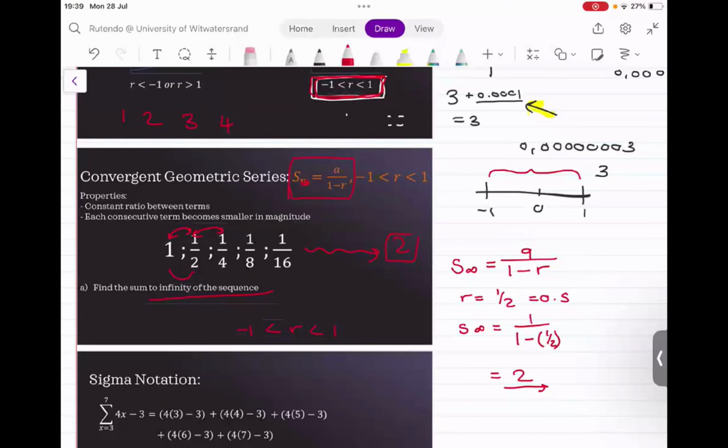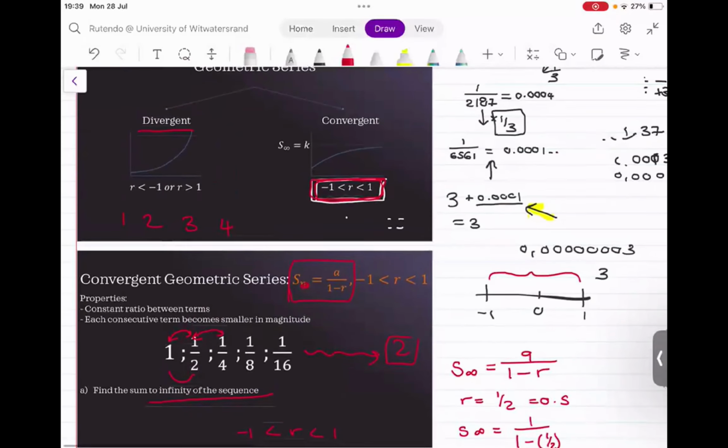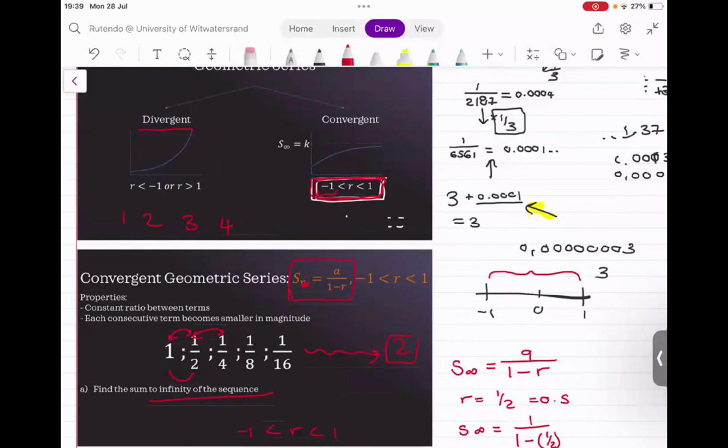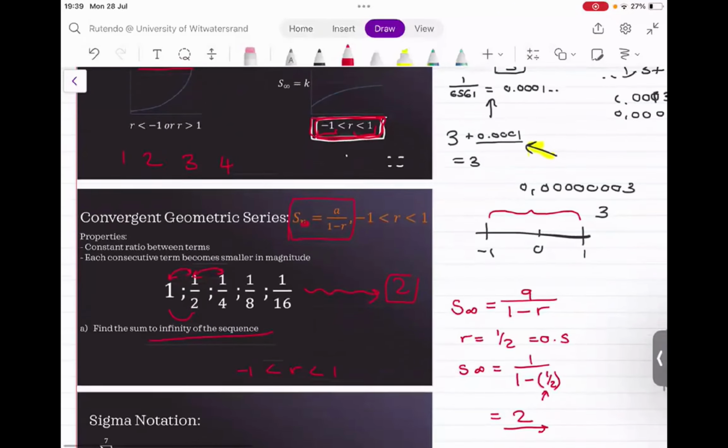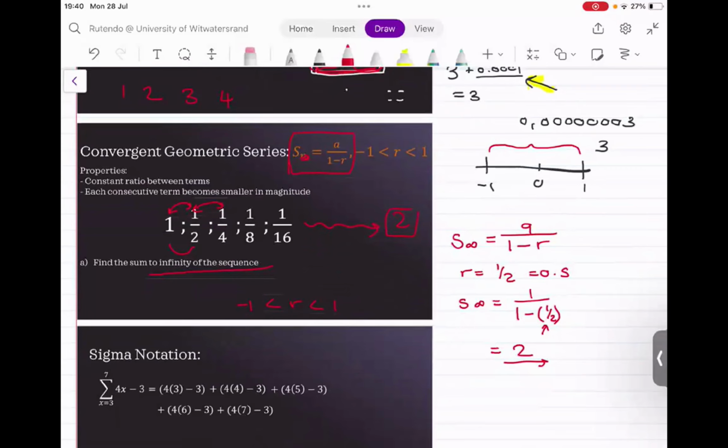So if your R is greater than 1, it won't work. This one is convergent because the R value is between -1 and 1. If you add all of these numbers up, they'll add up to 2. So that's why we say that it's convergent.